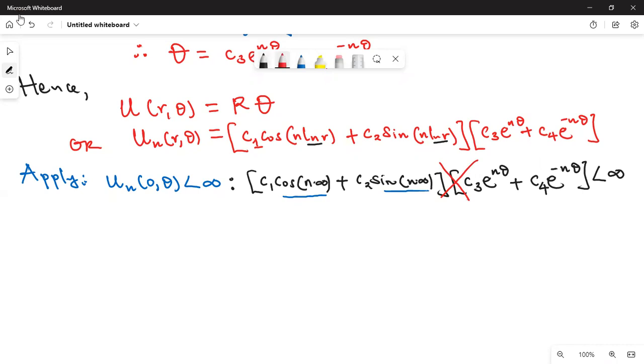Let's apply the other condition, that u_n of L, theta is equal to f of theta.